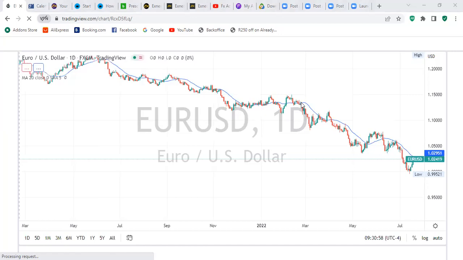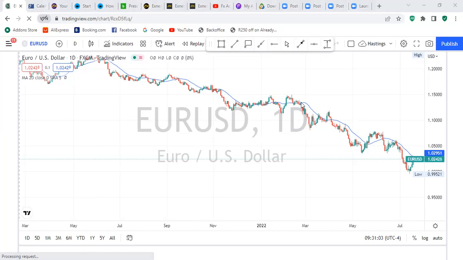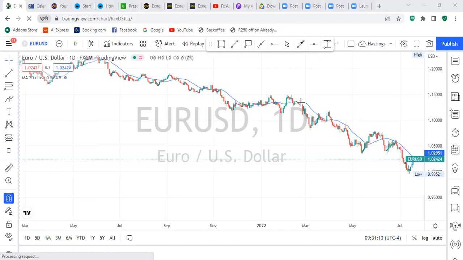So firstly, we will concentrate on the right side where you can add your pairs, either your pairs or your commodities, your indices, and your stocks. You can click on this button here on the far right.